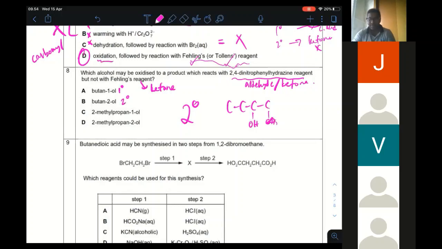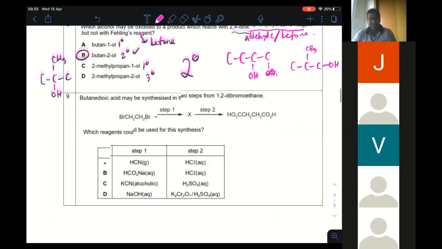So I'm looking for secondary alcohol. 2-methylpropan-1-ol, so propan-1-ol with a 2-methyl CH3 over there, is still primary. 2-methylpropan-2-ol is going to be tertiary. So we are looking for secondary.